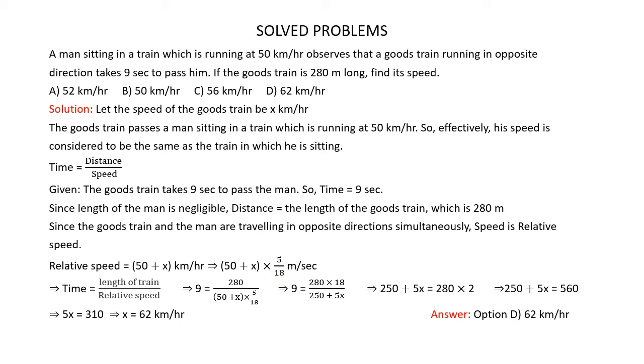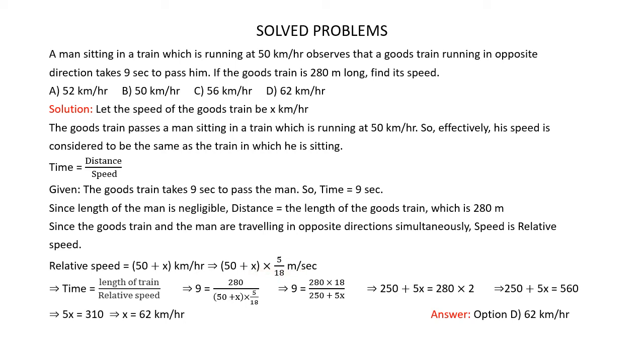Now, the time taken by the goods train to pass a man sitting in a train is equal to length of train divided by relative speed. We know that the time is 9 seconds, length of the goods train is 280 meters, and relative speed is 50 plus 6 multiplied by 5 by 18 meters per second.